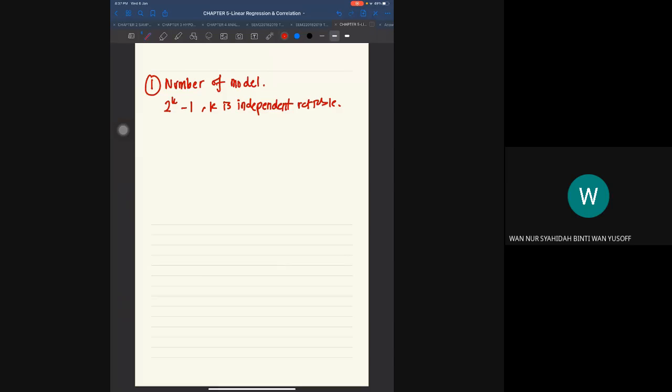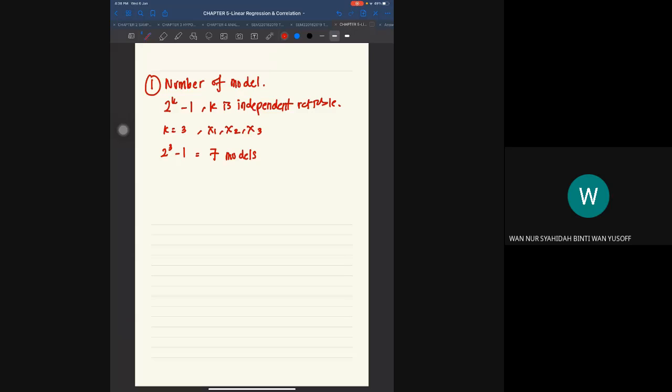Okay, so let's say that you have k equal to 3, which is X1, X2, and X3. So by formula 2 to the power of 3 minus 1, you will have 7 models.